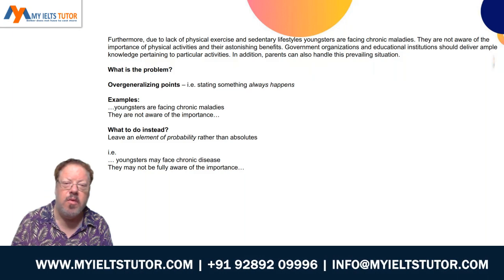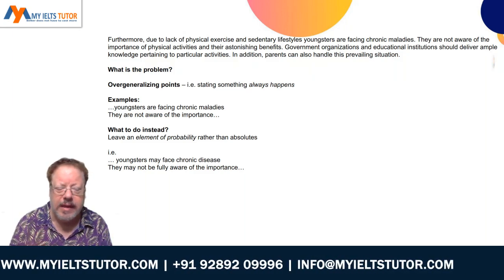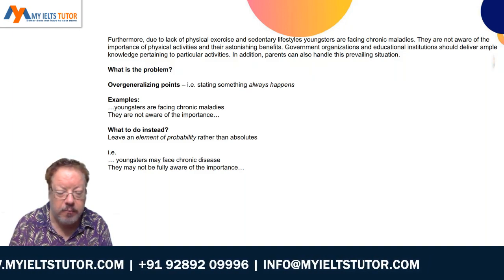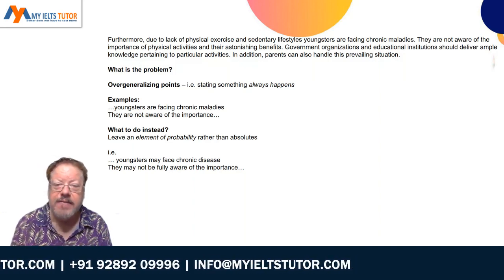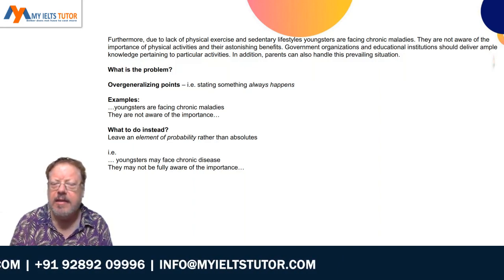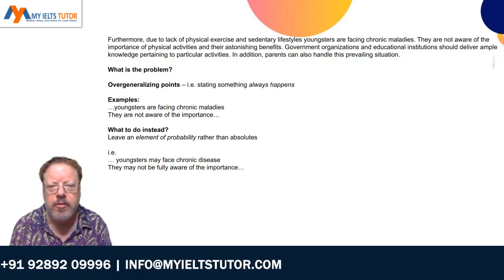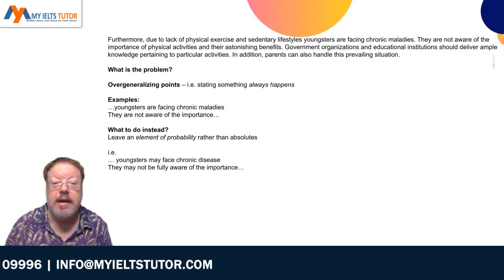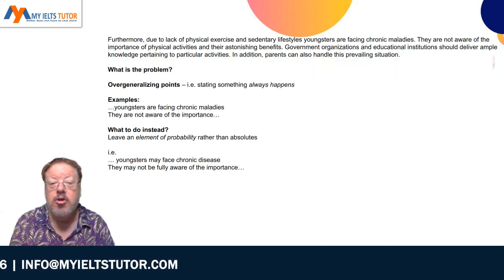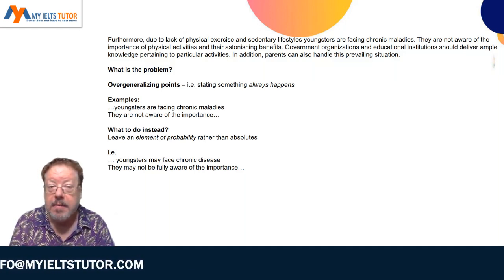You always want to have some degree of probability. So rather than talking in absolutes, have a degree of probability. And this is where your modal verbs really come into play. And I really encourage you guys to study and learn them. These are your should, could, can, might, ought, and so forth.